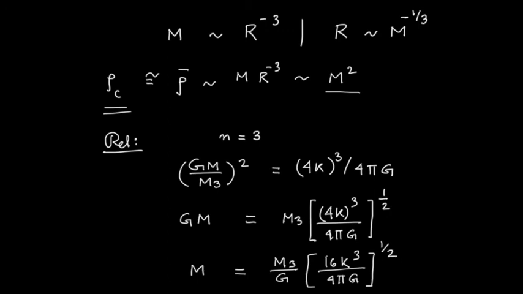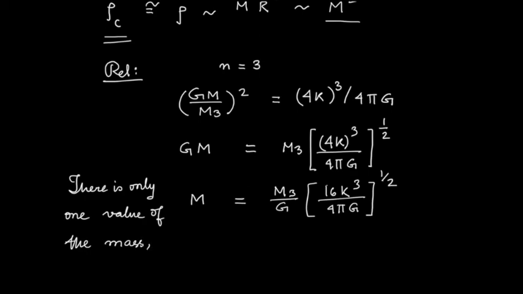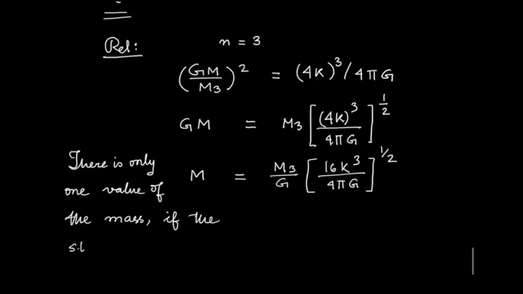There is only one possible value of the mass. There is only one value of the mass if the star is stable. Obviously, we are using the hydrodynamic stability criteria.